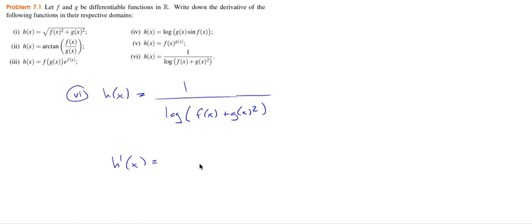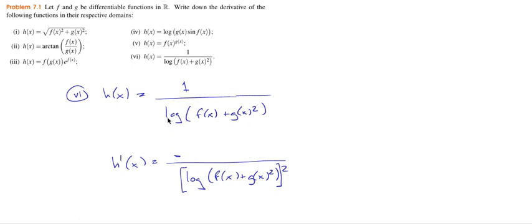First of all, the logarithm of f plus g squared, all of this squared, in the denominator, and then what we have is the derivative of the numerator, which is 0, minus the derivative of the denominator times 1.